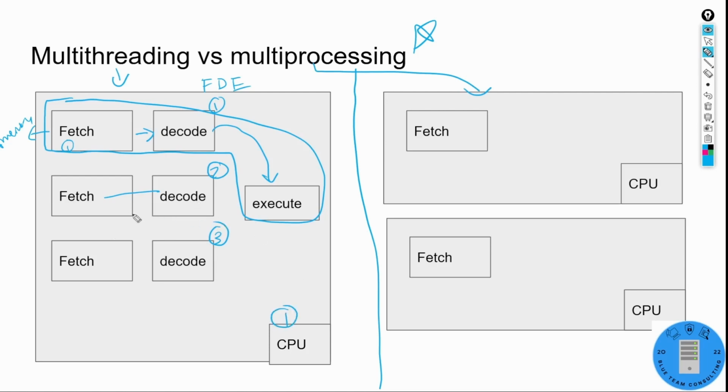So multi-threading is fetching multiple threads at once from memory and performing all of these executions singularly on the CPU. If it wasn't multi-threading, we would just have one fetch, decode, execute, and that would be our one thread. And then our next set of instructions would come in from memory, and that would be the next thread.